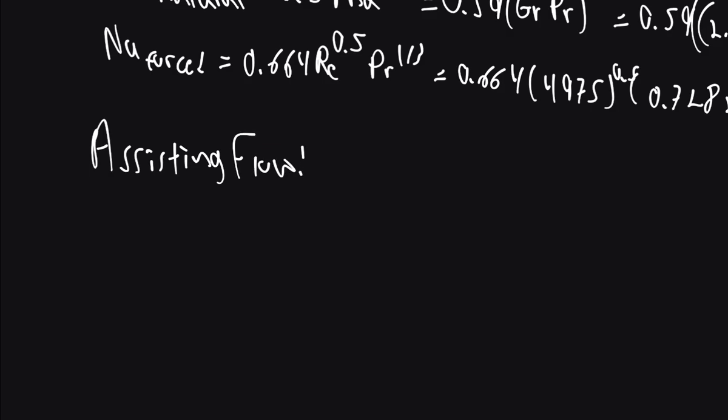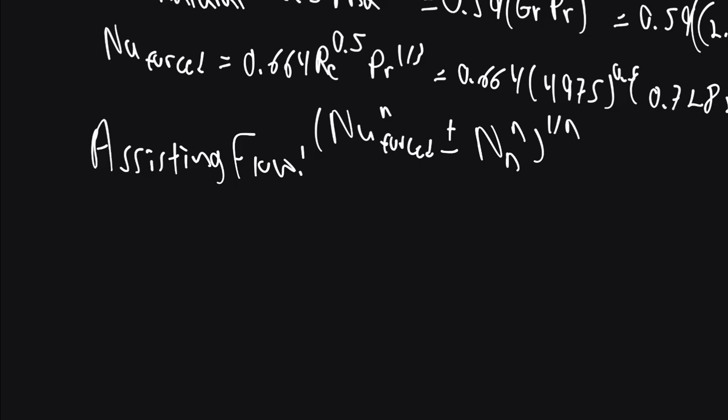So the equation is Nusselt forced to the 3rd, technically to the n, plus or minus Nusselt number natural to the n, all to the 1/n.